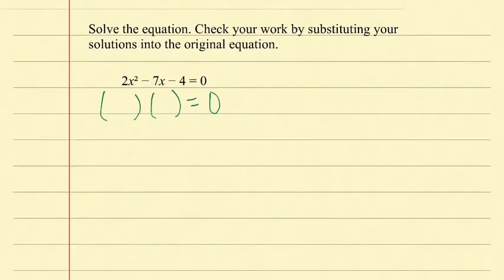Okay, so let us clean this up just a little bit, and we are going to factor our left-hand side. So I think I'll do that over here. Remember, let's make a list of what my coefficients are.